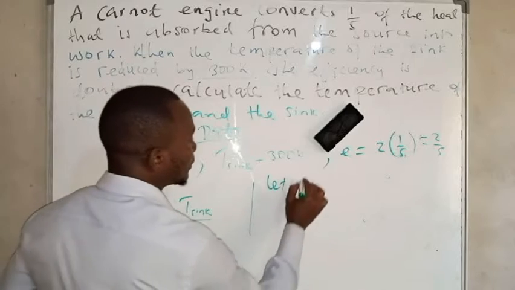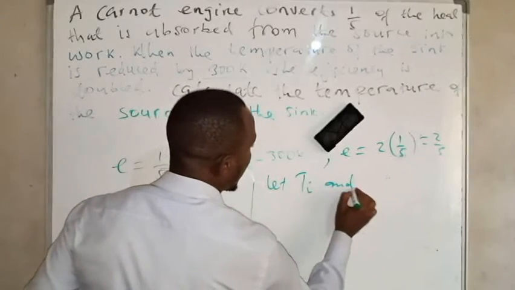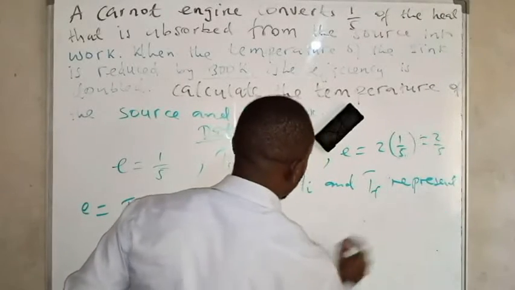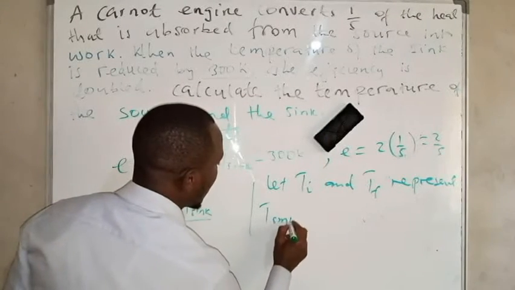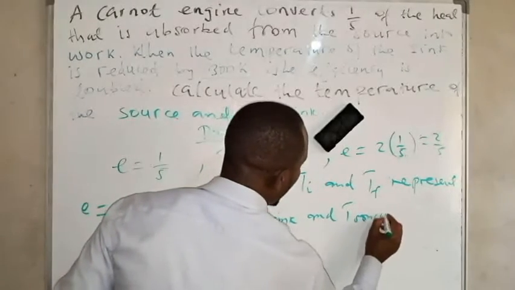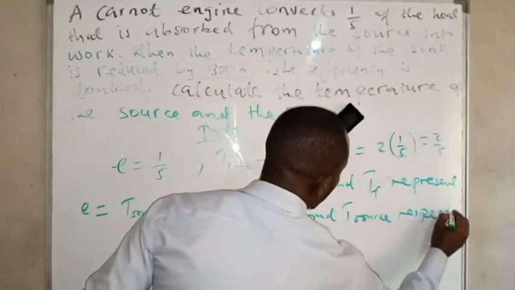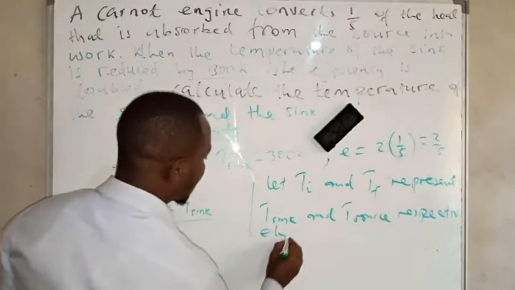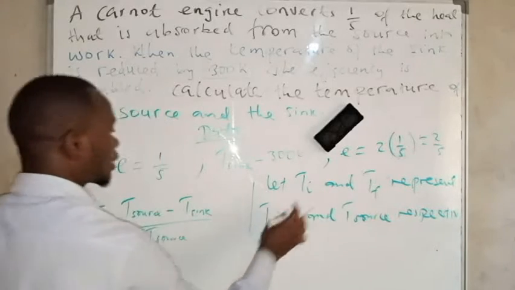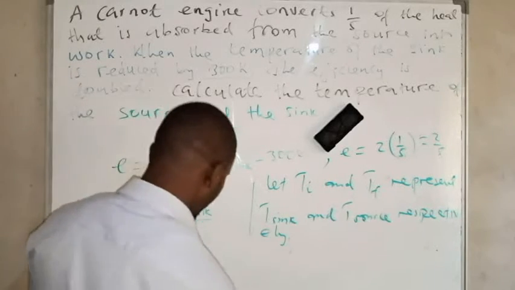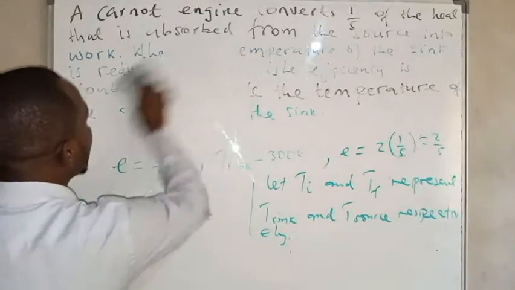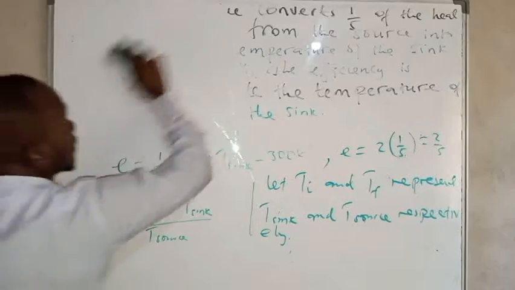Let Ti and Tf represent T sink and T source, respectively. So these are what we're going to use for the temperature of the sink and the temperature of the source. Let us proceed and see how we are going to find the solutions.